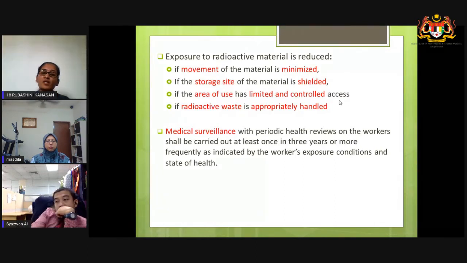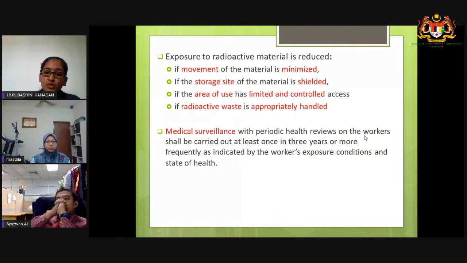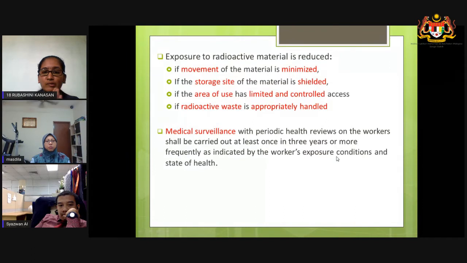For medical surveillance with periodic health reviews on the workers, it should be carried out at least once in 3 years or more frequently as indicated by the workers' exposure condition and state of health. Sebab kalau setakat radiation burns, skin irritation kita boleh nampak on the spot. Kalau yang macam cancer tu kita memang ambil masa, maybe bertahun untuk kita tahu apa efek kepada badan kita. So at least once in 3 years tu kita kena buatlah medical surveillance tu.